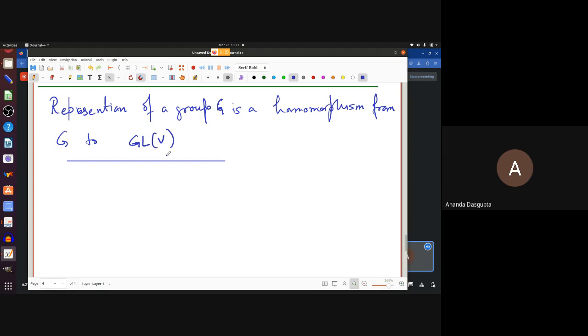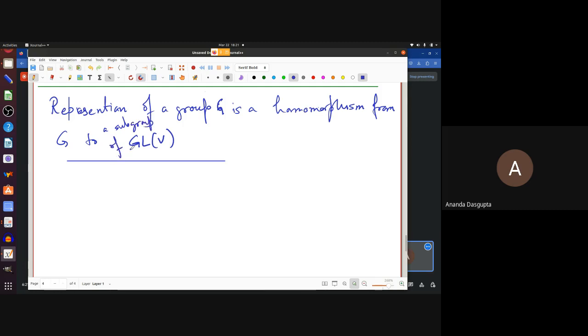That's a possibility. So it does not really have to mimic the group in its entirety. The group may be not abelian, but this particular map from G goes to a subset. If you insist on the homomorphism being onto, then it should be onto a subset or subgroup of GL.